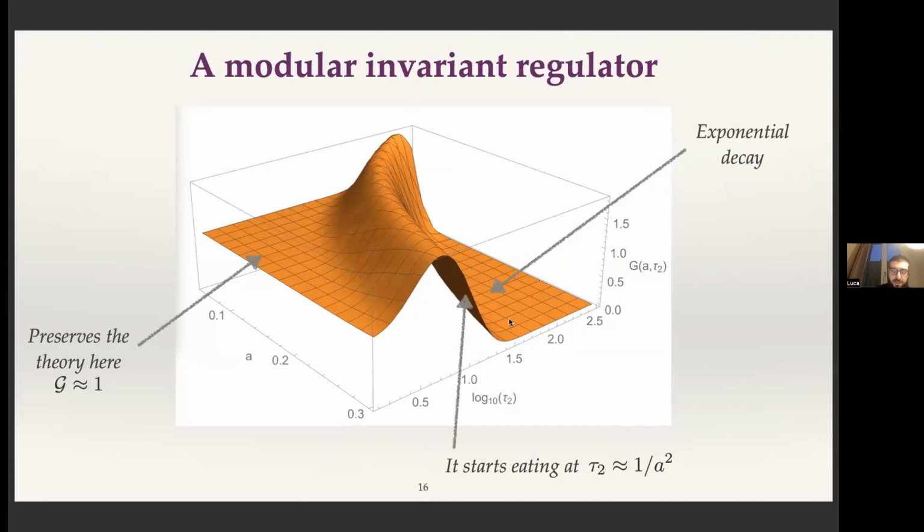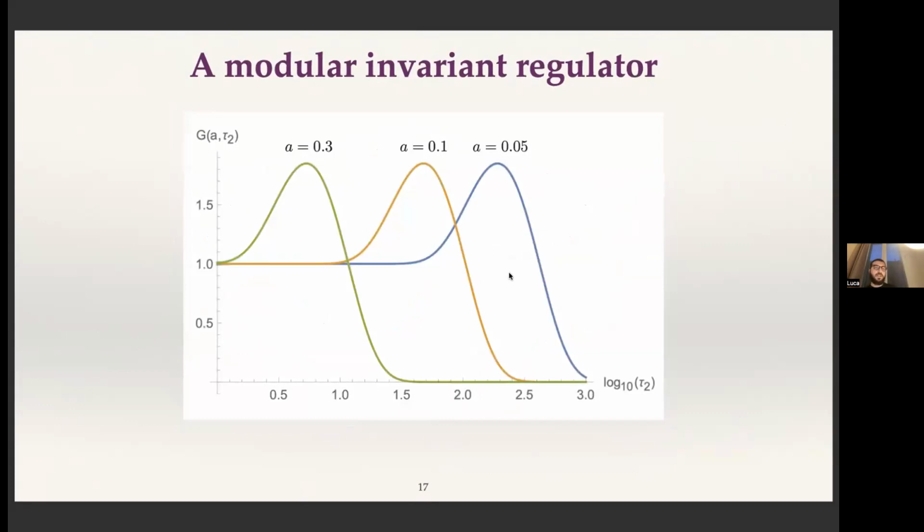And when tau2 is below this threshold, the theory is preserved. So the regulator is roughly 1, and the integral will be roughly the function we want to integrate. This is the profile of the regulator with different values of A. That is exactly what I've already explained.